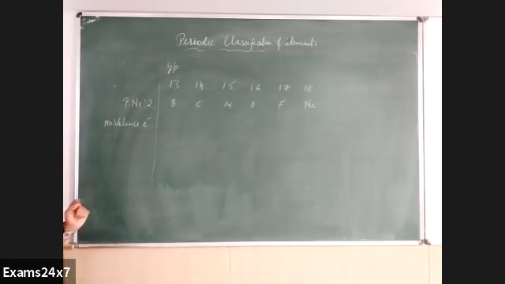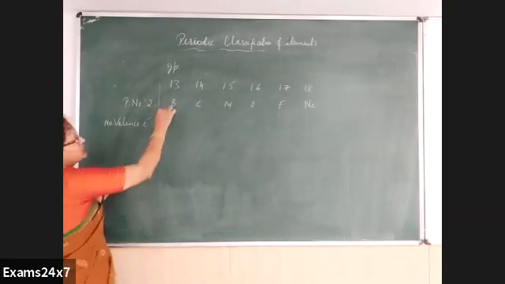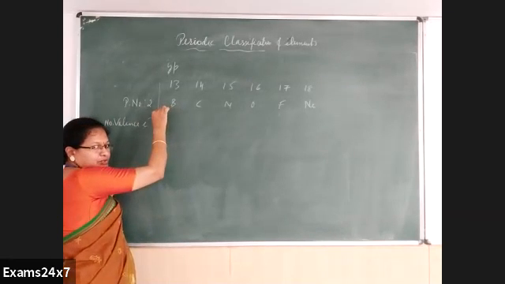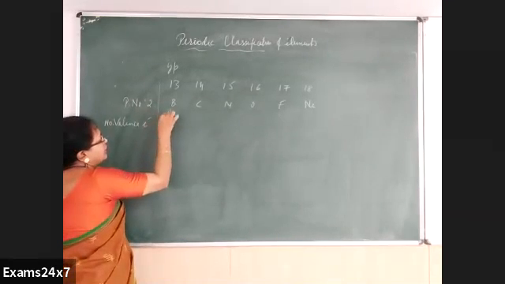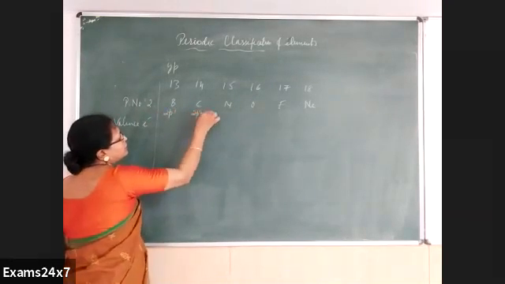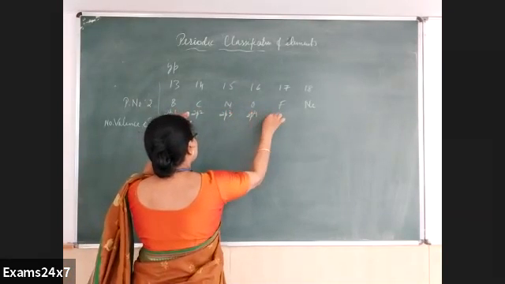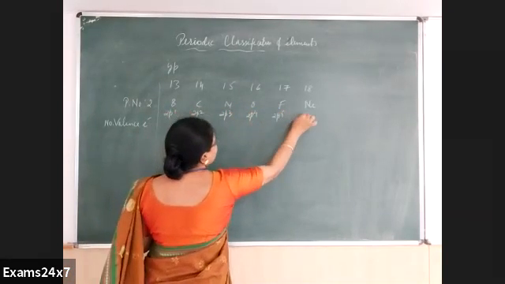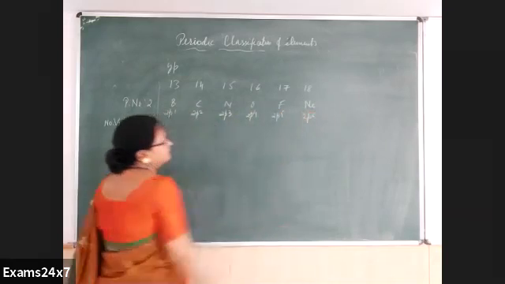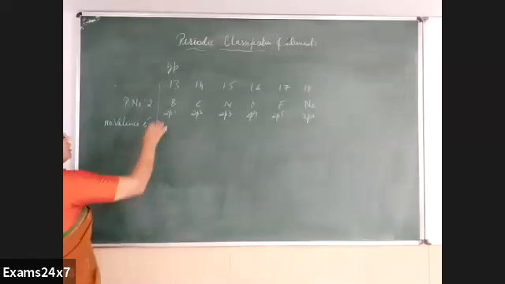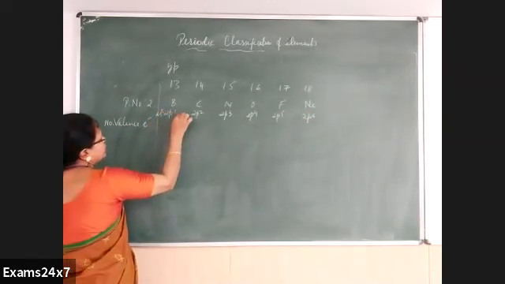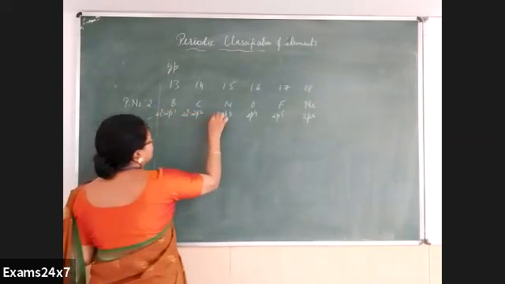How do you find it? Outer shell electrons. Boron's configuration is 1s2 2s2 2p1, then 2p2, 2p3, 2p4, 2p5, 2p6, along with the 2s2. So 2s2 is common everywhere.